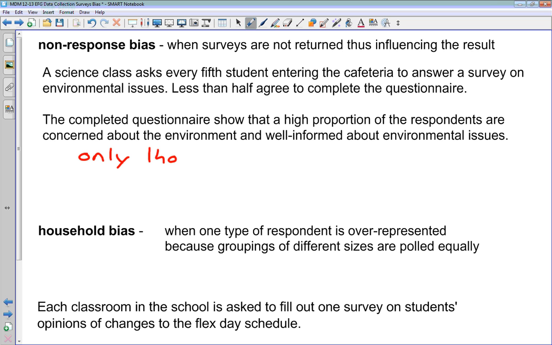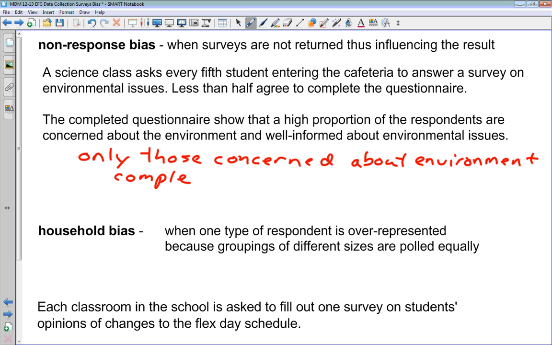Only those concerned about the environment completed the survey. Thus, it makes the results look like everybody is well informed and passionate about the environment, when really you ended up choosing only those people bothered enough to fill in the survey. Okay, so all of those who didn't fill in their survey skewed your results.